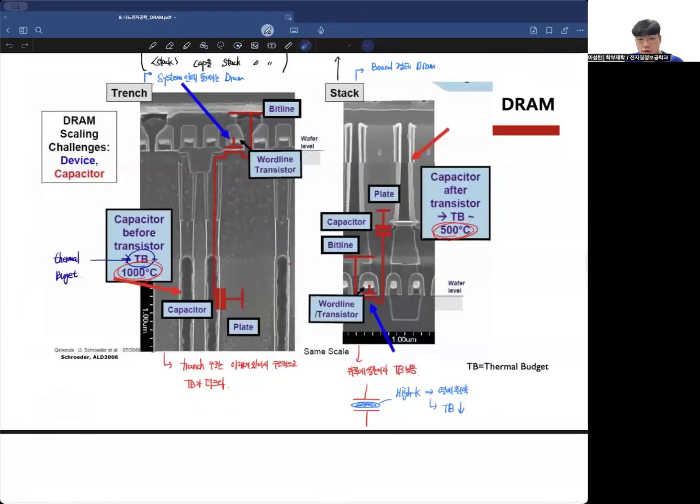And then the capacitor is the most important part of the DRAM, so we can prevent the discharge.